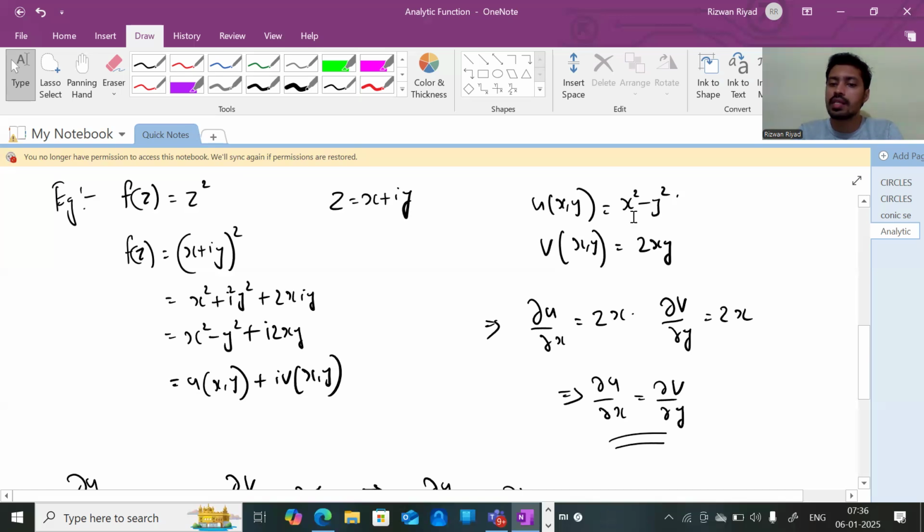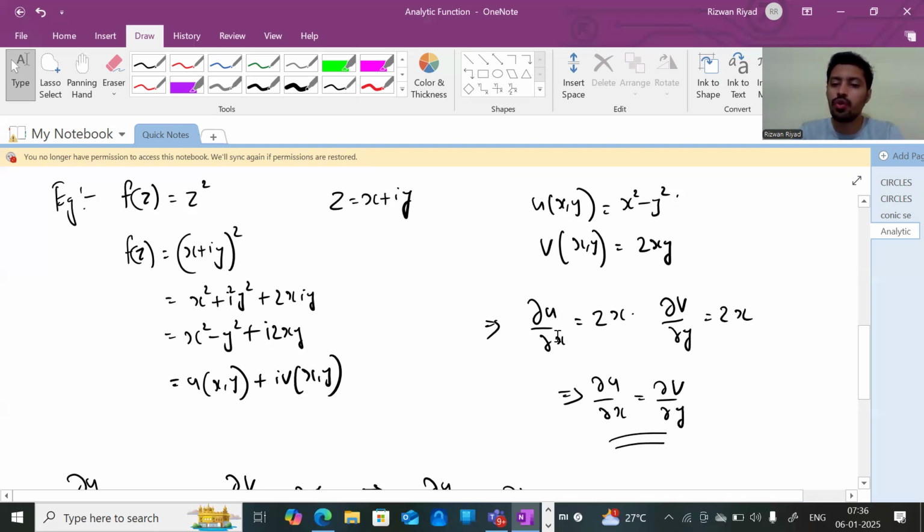Only x is considered a variable. Similarly, if you are finding the partial derivative with respect to y, then we will treat x as a constant and differentiate with respect to y. Everything else is the same as our usual derivative.